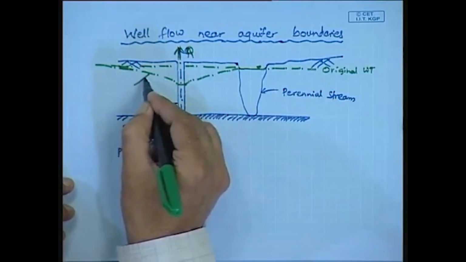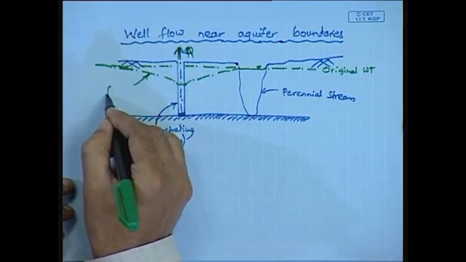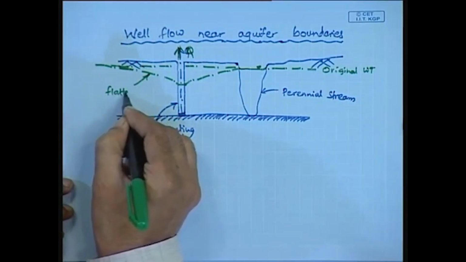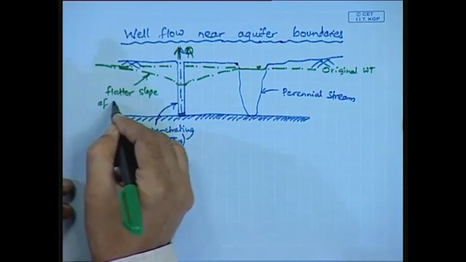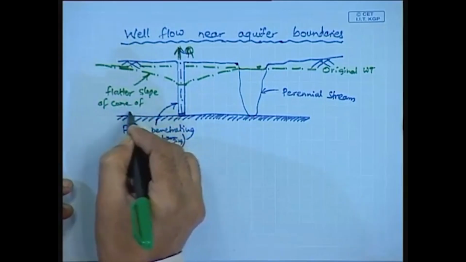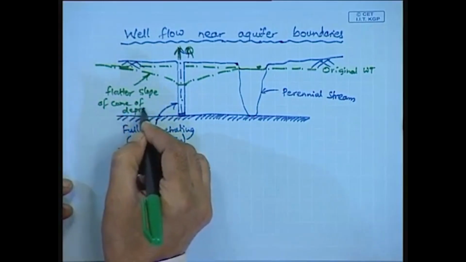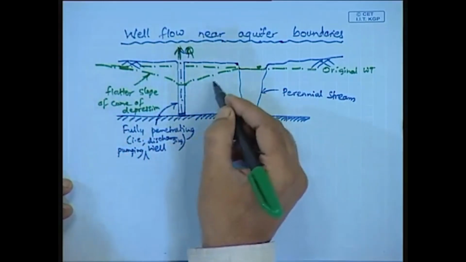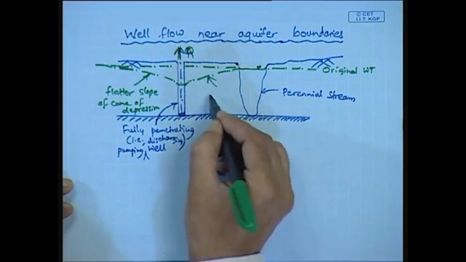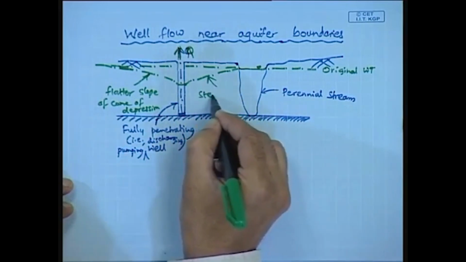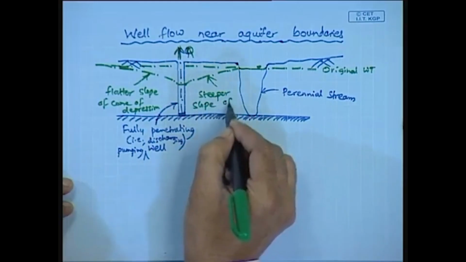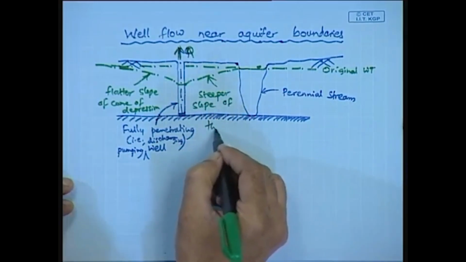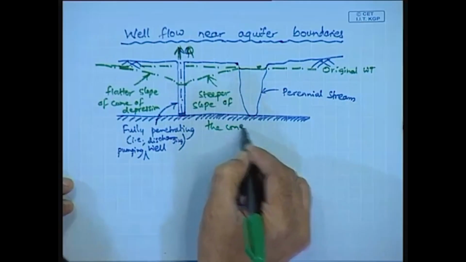This is a flatter slope of the cone of depression, whereas this is a steeper slope of the cone of depression.